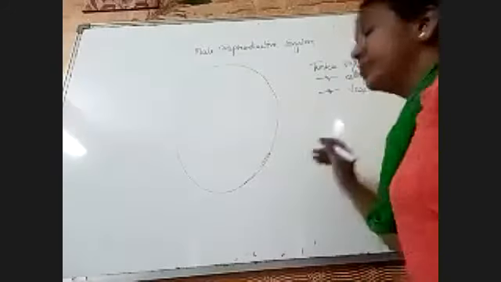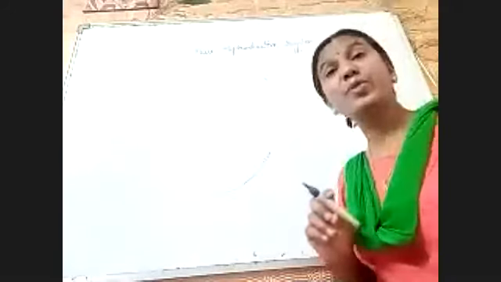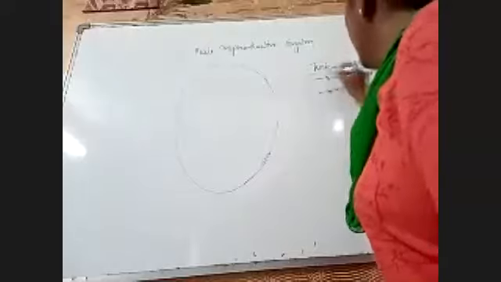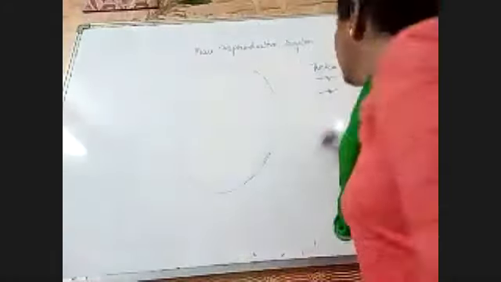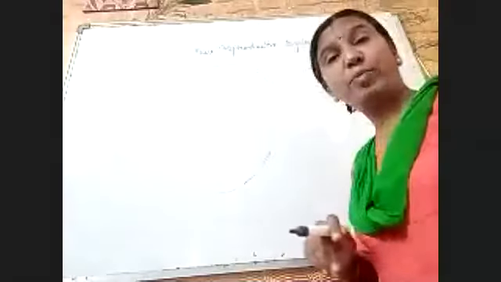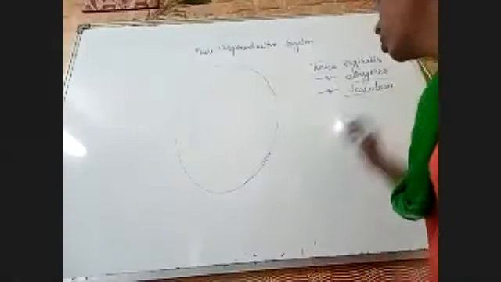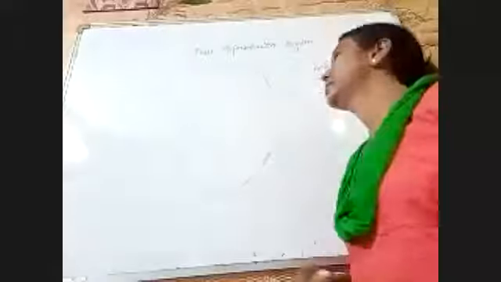ऐसे 3 layers उनके टेस्टिस में प्रेजेंट होते हैं. This tunica vaginalis is made up of peritoneum, tunica albuginea is made up of connective tissue, and vasculosa is made up of blood vessels. ठीक है.